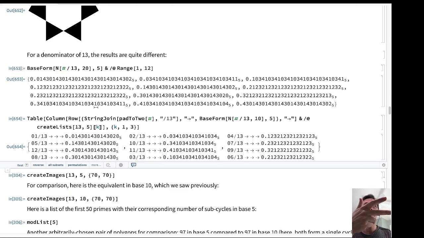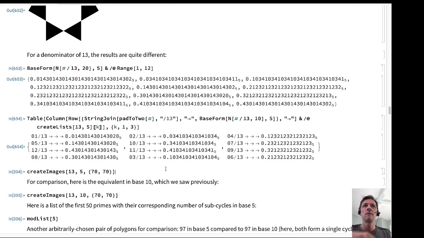In base 5, denominator 13 is going to have 3 cycles. 1, 5, 12, 8, and here again you see the digits shifting to the left. 2, 10, 11, 3, and 4, 7, 9, 6. And you can see all of them represented: 1, 2, 3, 4, 5, 6, 7, 8, 9, 10, 11, 12, 13. So they're all accounted for here.